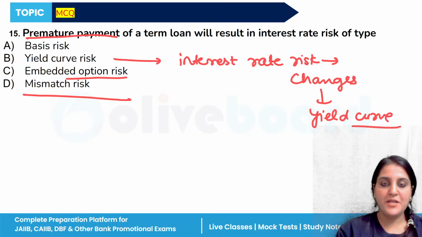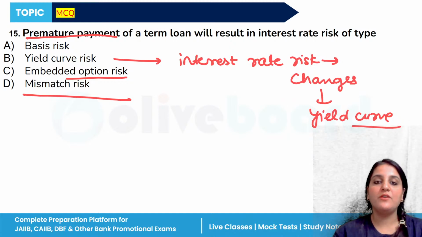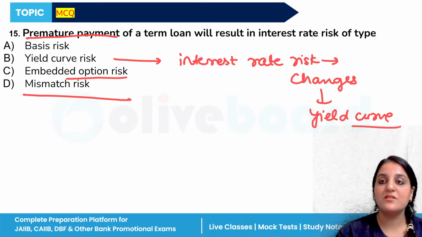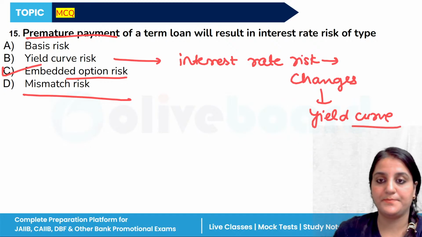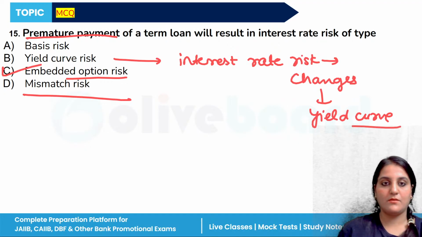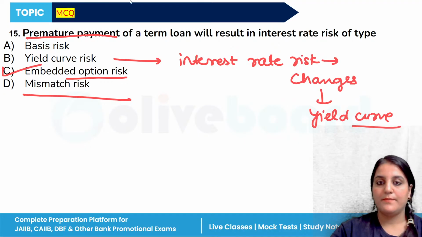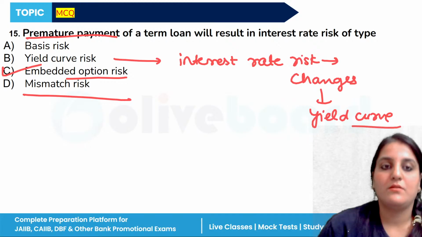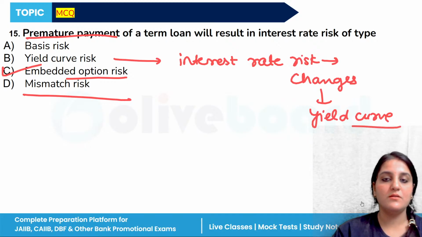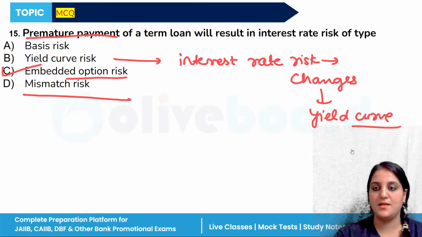So here premature payment of a term loan will result in interest rate risk of type embedded option risk. So for the 15th question, option C is correct.